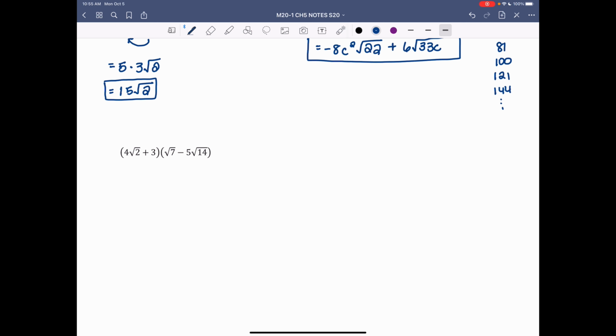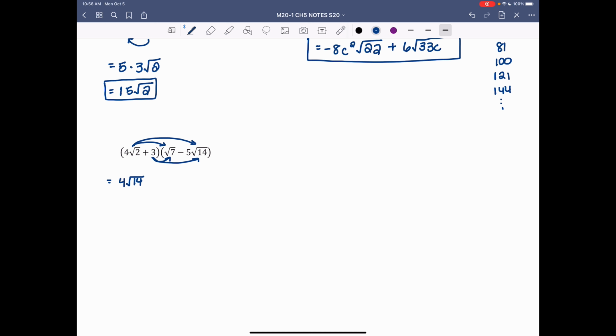Next, square root 2 plus 3, all times root 7 minus 5 root 14. Just like any binomial multiplication, we multiply the first term times each of those, and the second term times each of those. Root 2 times root 7 equals root 14.